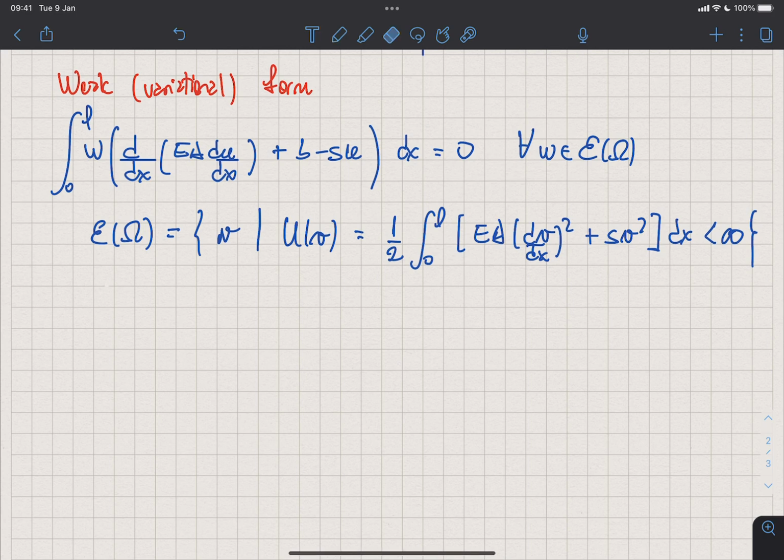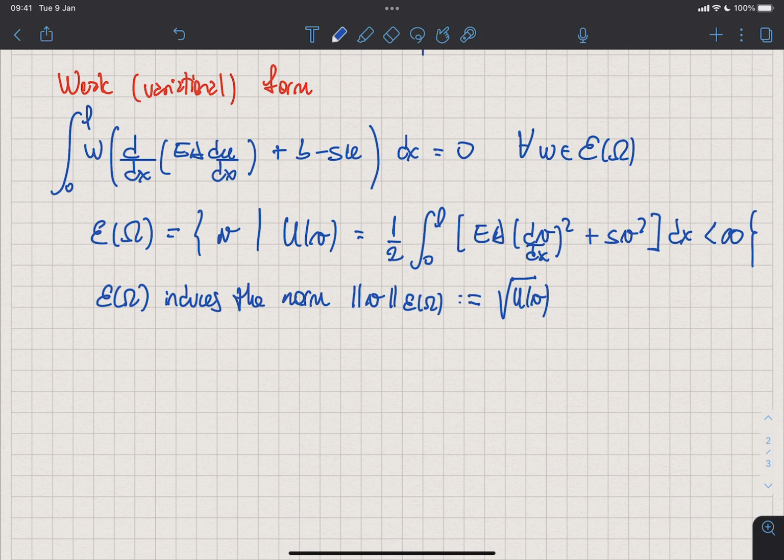So you could actually say that this energy space induces the norm. Since it is an energy space, we call this the energy norm, and we're going to denote it like this. And we define it to be the square root of my strain energy. So that is how we're going to measure things in this space.